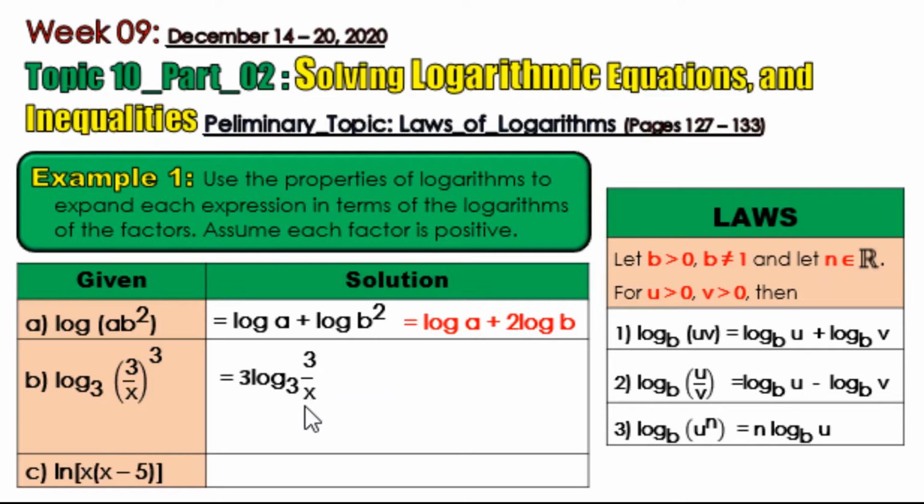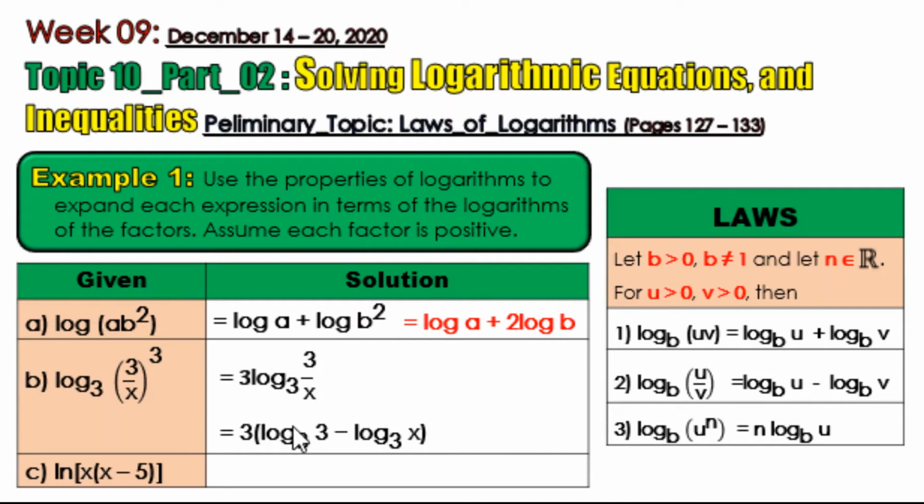So this is quotient. Since this is quotient, we have the difference of the logarithms of each of the numbers. Okay, so we have 3 times the logarithm of 3 to the base 3 minus the logarithm of x to the base 3.